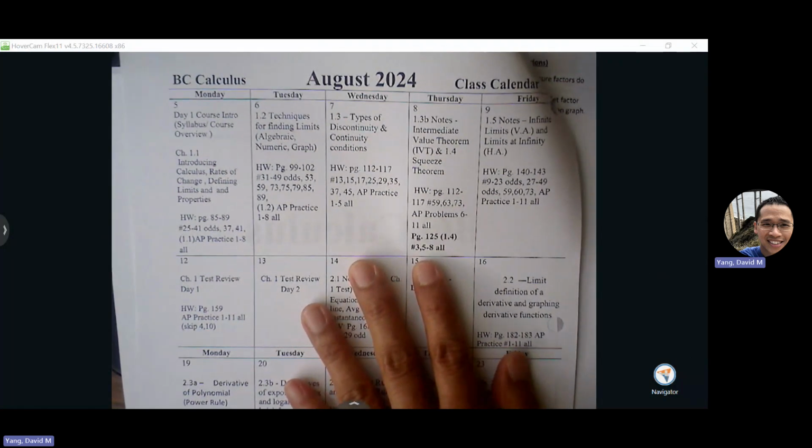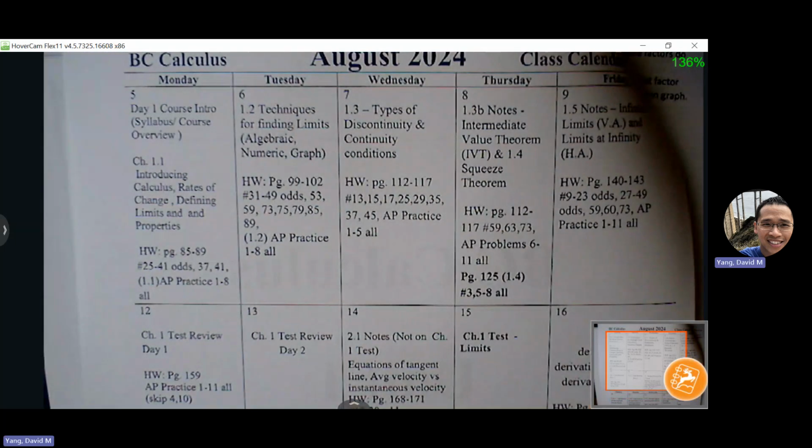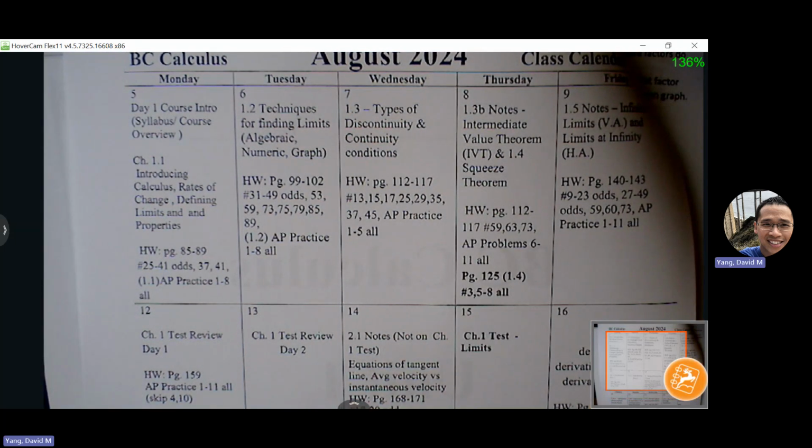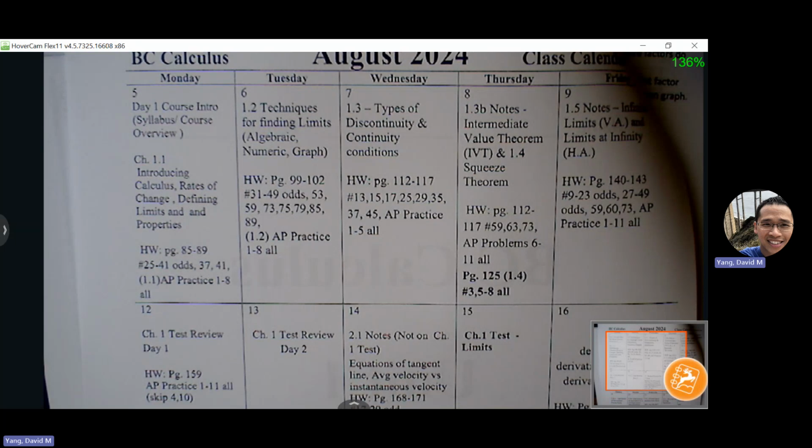So if you turn to your calendar, this is what we're going to be going through this week. Today, I'll start going over some limits and properties and rates of change.